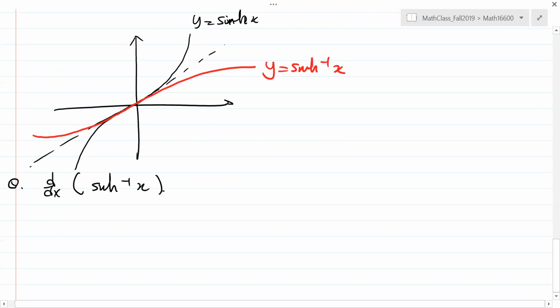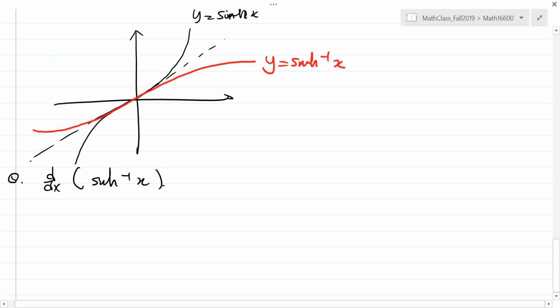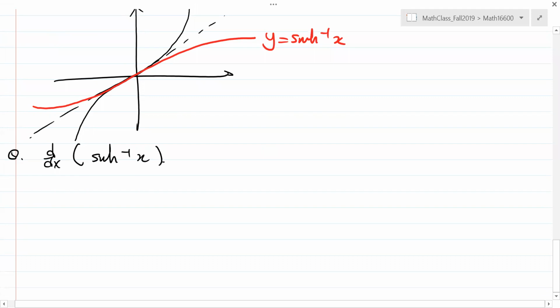You can use a formula to find the derivative, and you can also, if you're able to solve for the inverse function and express it in terms of elementary functions, differentiate directly. But sometimes the formula is complicated. So let's look at two methods.